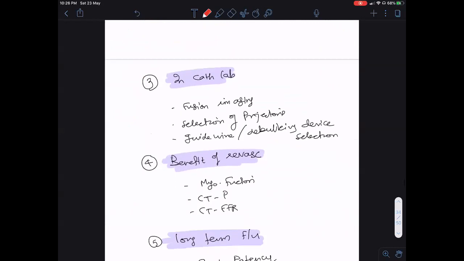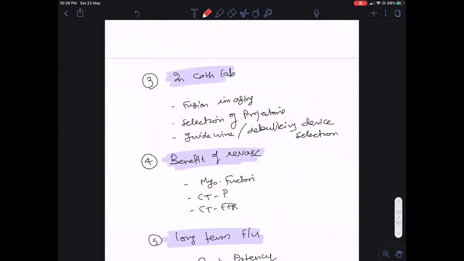And in the cath lab, it's a very interesting way to use a CT. We can do something called fusion imaging, wherein we can select the ideal projection in order to go ahead with a CTO procedure. Many times there'll be a lot of foreshortening, collaterals foreshortening, and we don't know where the collaterals originate from. So by a CT, we can plan the procedure properly, choose the proper angulations and projections, and go ahead and do the CTO.